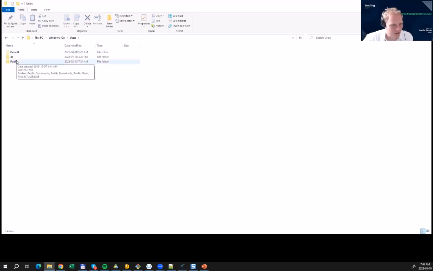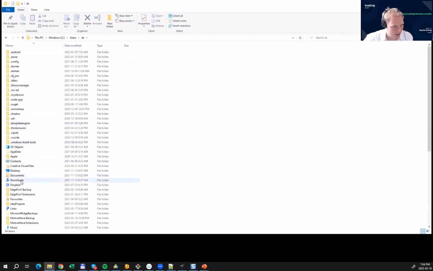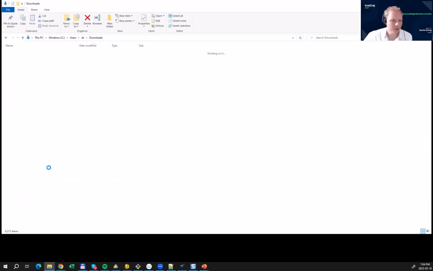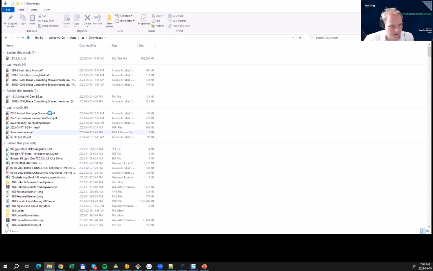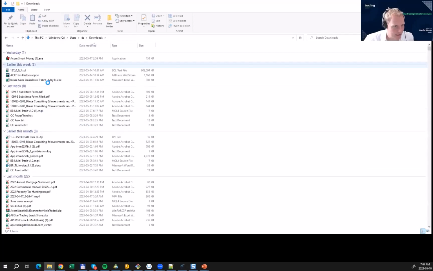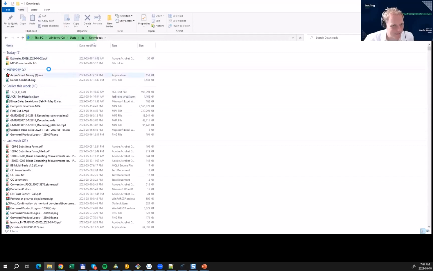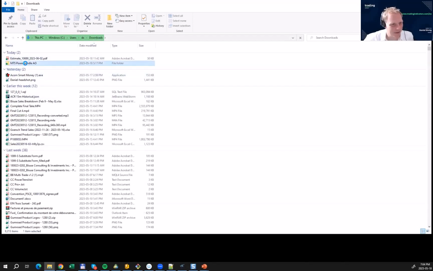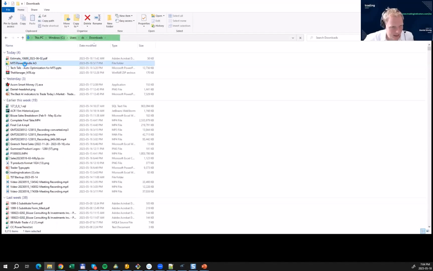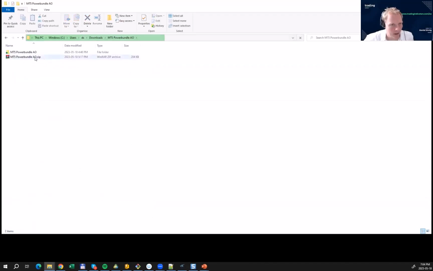Then I go to downloads. Okay, perfect. So what you will get as part of your installation is... As you can see, I have a lot of files. I was looking for this one here. So you will get a zip file, which looks like this, as part of your confirmation email. So this zip file, you will first of all unpack.